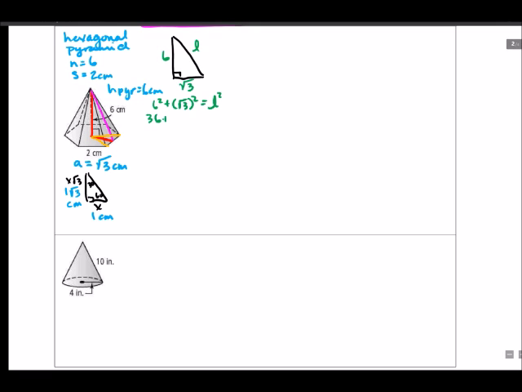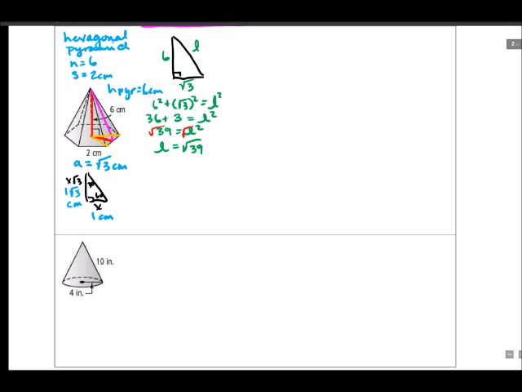So 36 plus, what's the square root of 3 times the square root of 3? Just 3 equals my slant height squared. So 39 equals slant height squared. I'm going to square root both of those. So my slant height is the square root of 39.